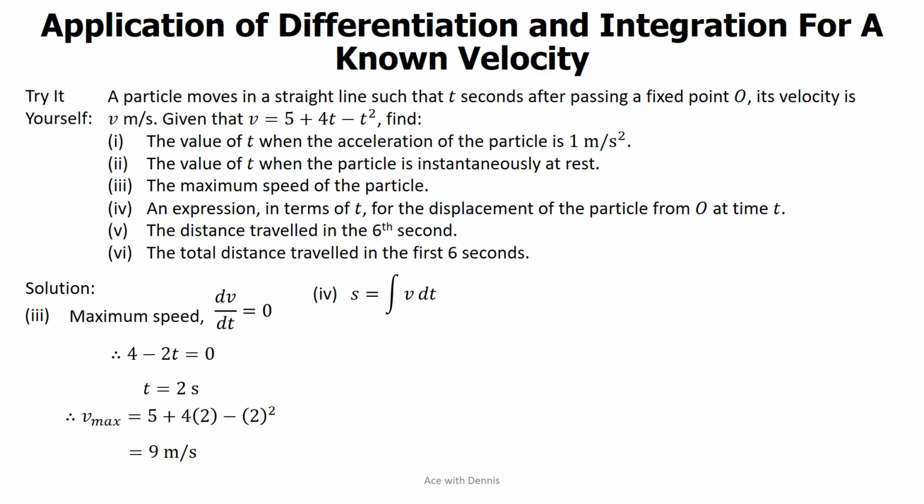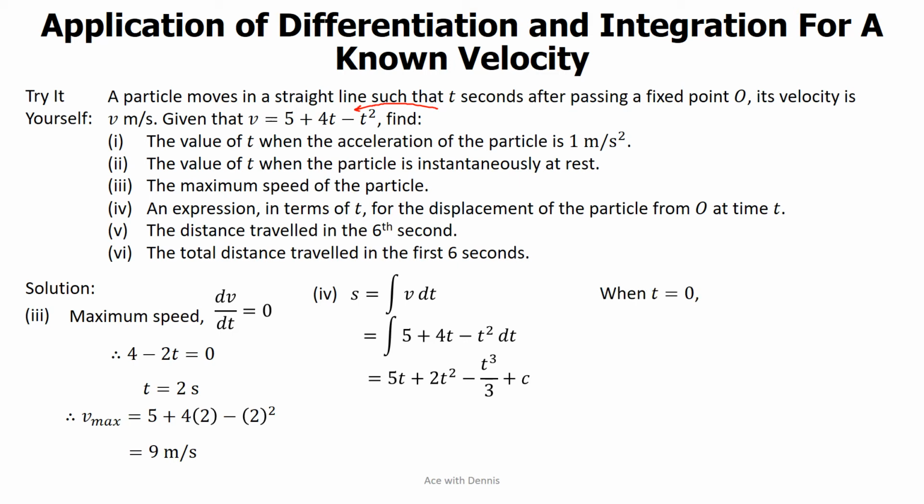Number 4, the expression of the displacement. We need to integrate the equation of the velocity. Hence, s equals integration of v dt, which is integration of 5 plus 4t minus t squared dt, where we use the equation of the velocity given here. Therefore, we get 5t plus 2t squared minus t cubed over 3 plus c.